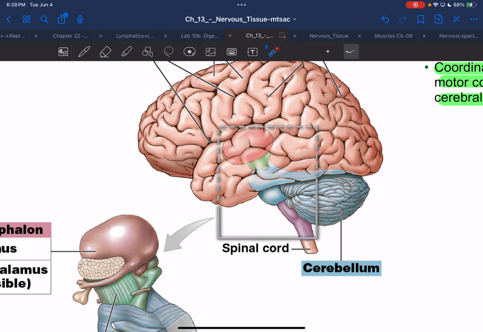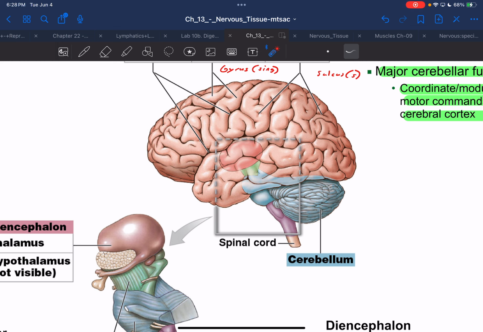You feel a sense of touch, it goes up your spinal cord from your skin receptors and then goes to your thalamus. And then your thalamus decides, okay, this is sight, this is hearing, this is touch. Sight needs to go to this part of the lobe, touch needs to go to this part of the lobe, hearing needs to go to this part of the lobe. So that's what I mean by relay center.